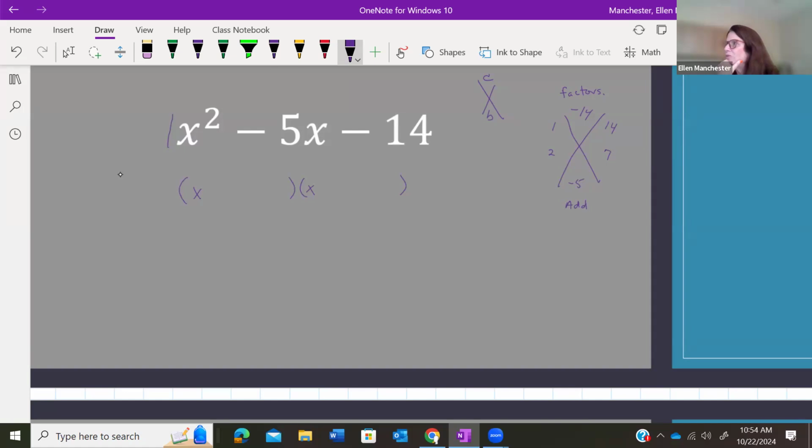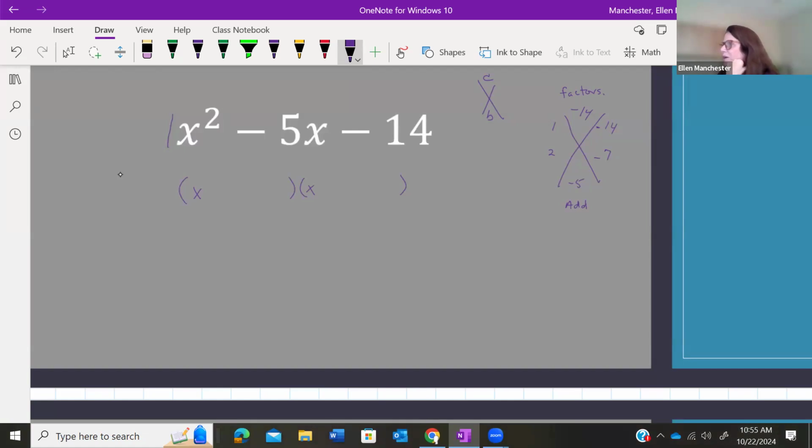So 1 times 14 is 14, 2 times 7 is 14. Now, one of them has to be negative because you're multiplying and you're getting a negative. How do you know which one is negative? You look at the bottom, and because we're adding, remember the phrase, when you add unlike signs, you give it the sign of the larger number. So what that tells me is my larger number has to be negative.